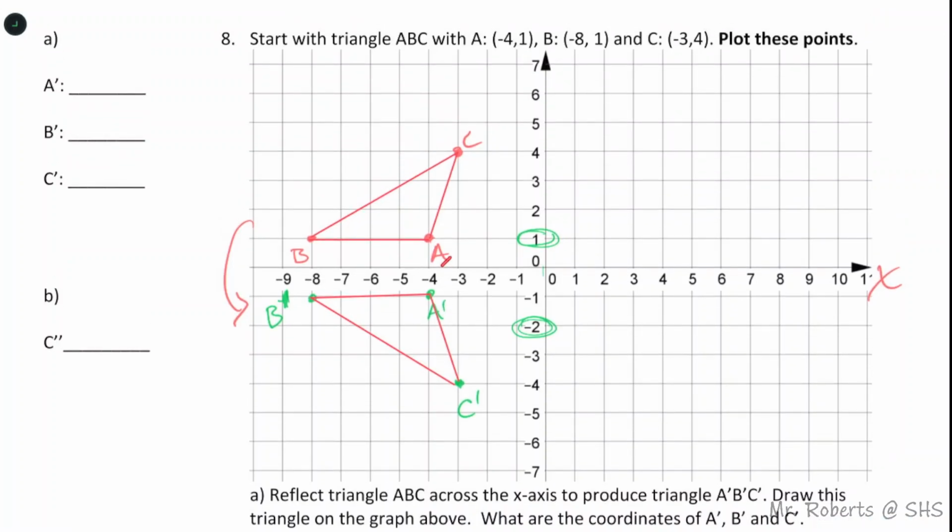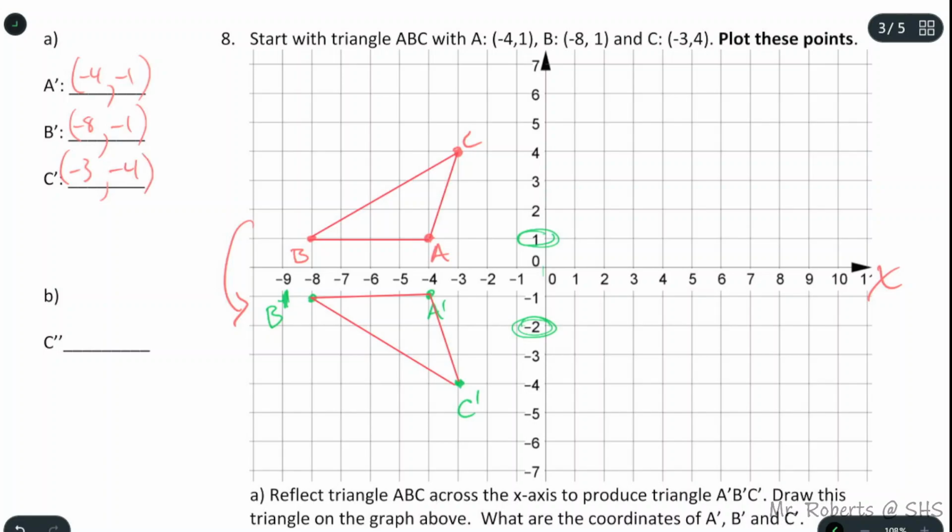All the x values are going to be the same, right? So this is going to be negative 4 for x, B is going to be negative 8, and C is going to be negative 3. And then because I'm reflecting across the x-axis, all the y's are going to be opposites. So this will be negative 1, this will also be negative 1, and this will be at negative 4.